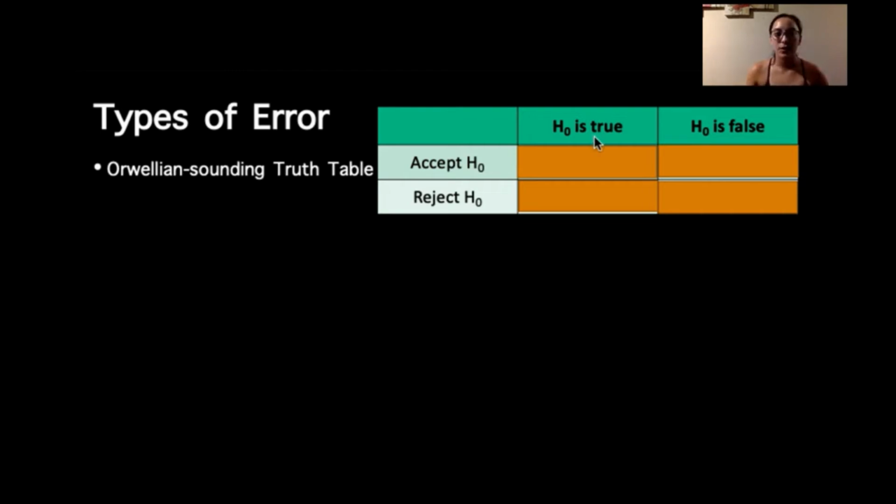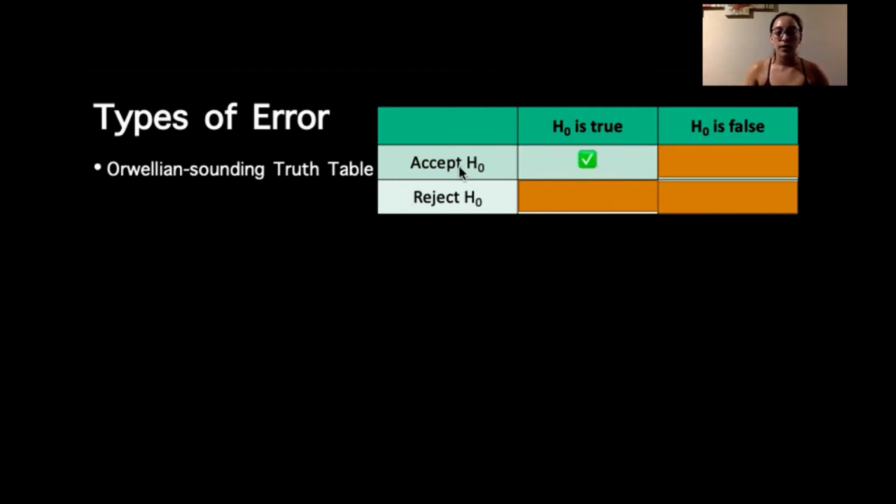The same is true if we're looking at, is the null hypothesis actually true or is it actually false? And do we accept the null or do we reject it? So we have all of these different possible combinations. Some of these are good choices, some of these are bad choices or types of error.